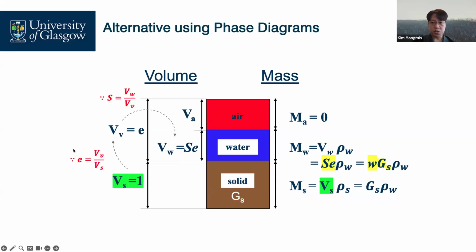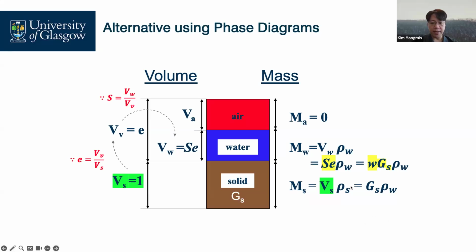Considering our void ratio definition, the void volume equals the void ratio. And based on our degree of saturation definition, the water volume equals Se, because Vv is e and the water volume is Se, right?